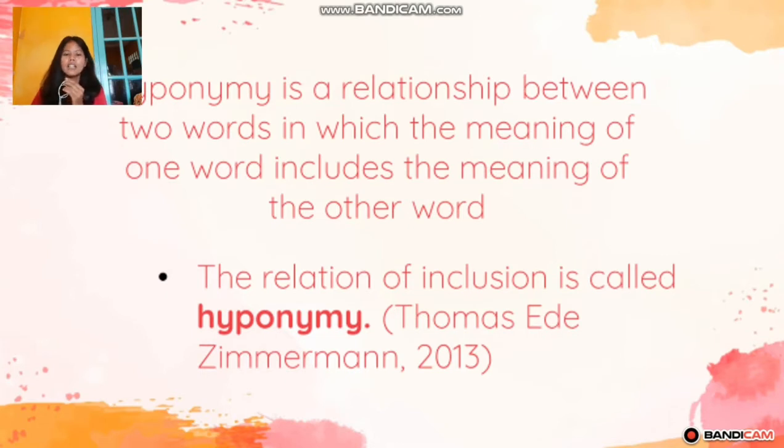Lexical relations corresponding to the inclusion of one class in another is hyponymy. A hyponym is a subordinate, specific term whose referent is included in the reference of a superordinate term.